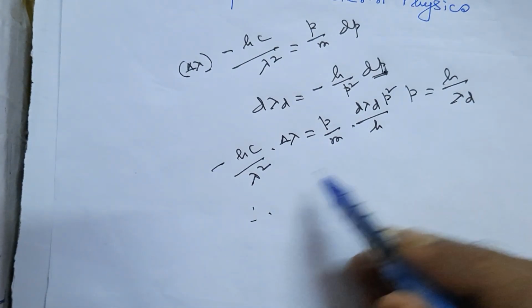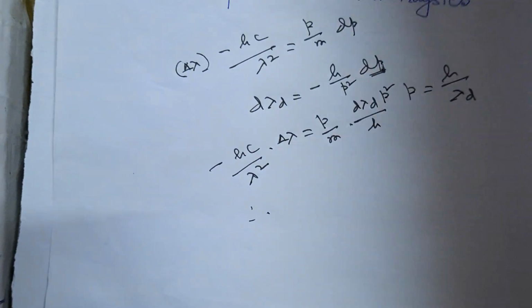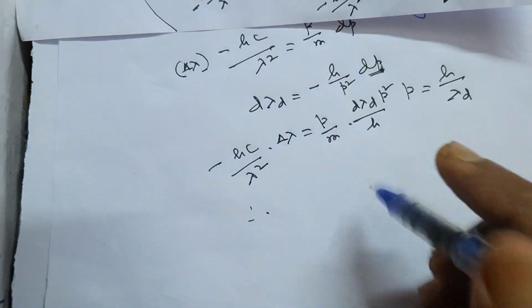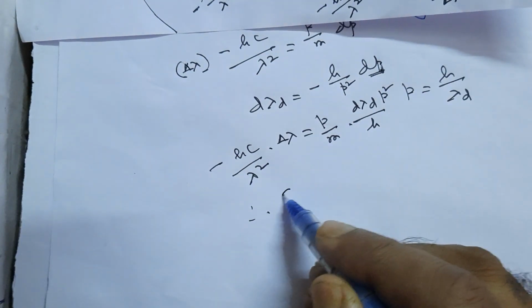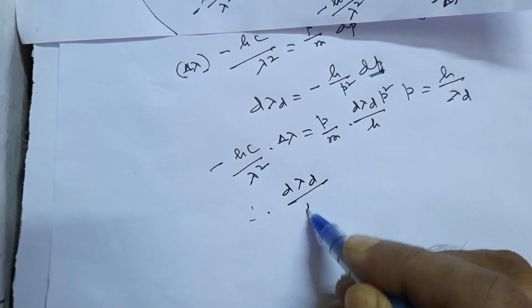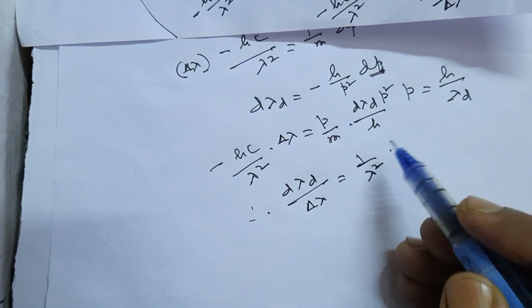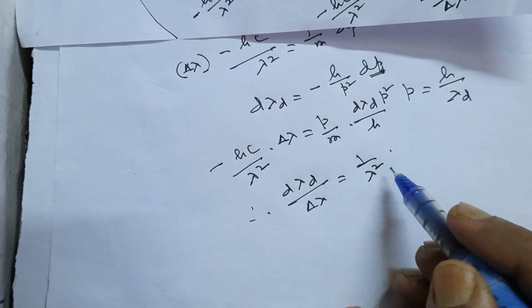So what we require is delta lambda d by delta lambda. Delta lambda d by delta lambda equals 1 by lambda square into p cube.